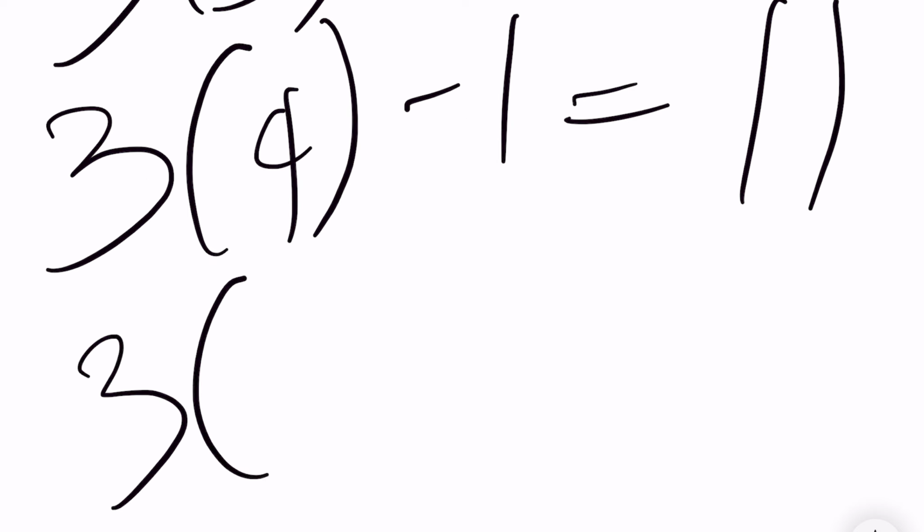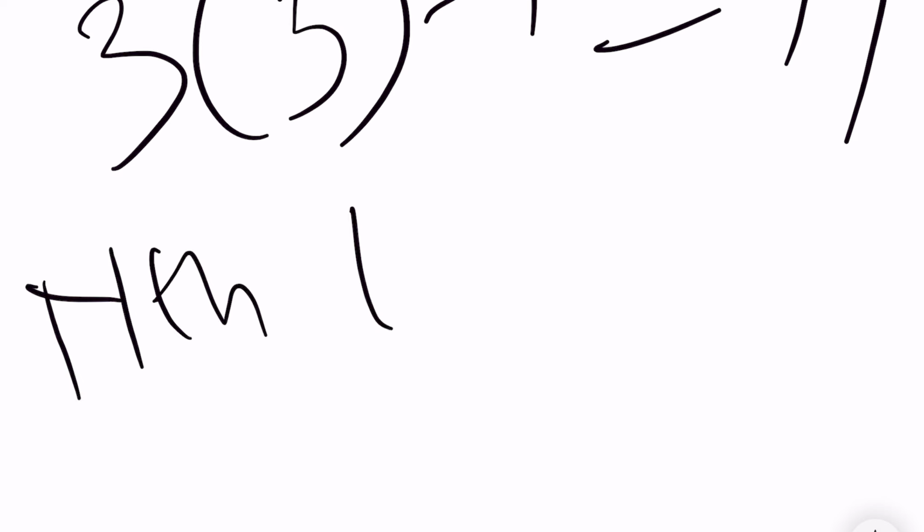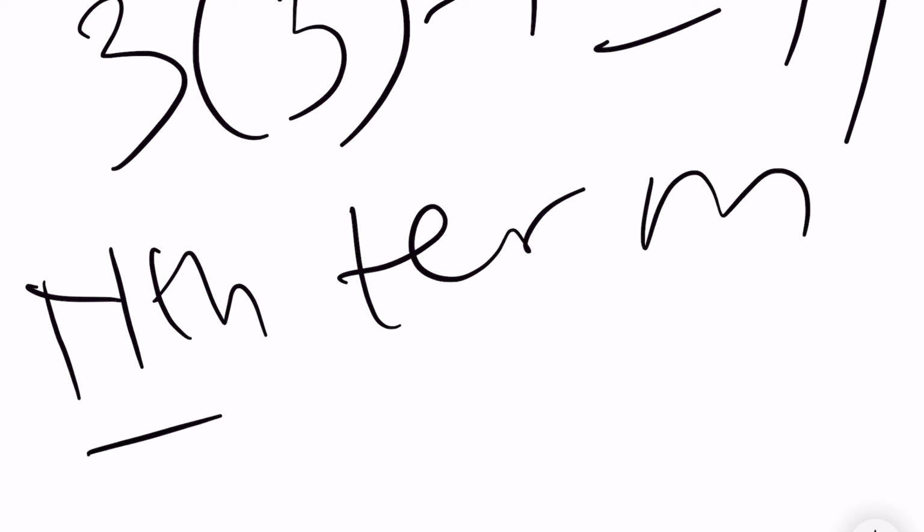When n is 5, we have it to be 14. Hereby getting our numbers 2, 5, 8, 11, 14. So in cases like this, we try different numbers to get our answer. So the nth term of this sequence is 3n minus 1. That is the nth term of the sequence.